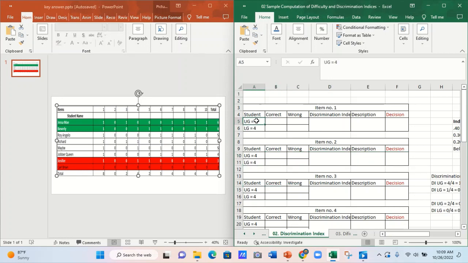And we also edit the upper group. The upper group originally has only two members, not 4. Just a minute, let me edit that. Okay, our upper group originally is only two members, not 4.